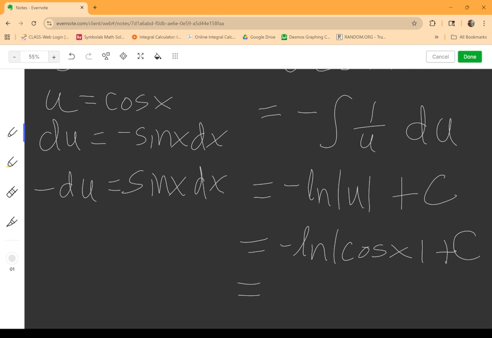So it's cosine raised to the negative 1, which is a reciprocal. And the reciprocal function of cosine is the secant of x plus c. All right. And that is how we can now use the antiderivative of the natural log to evaluate new integral functions.